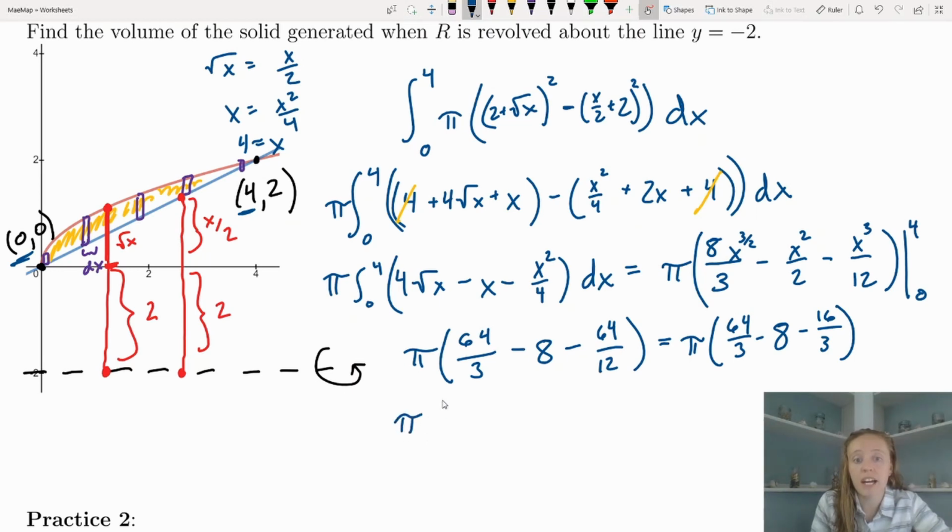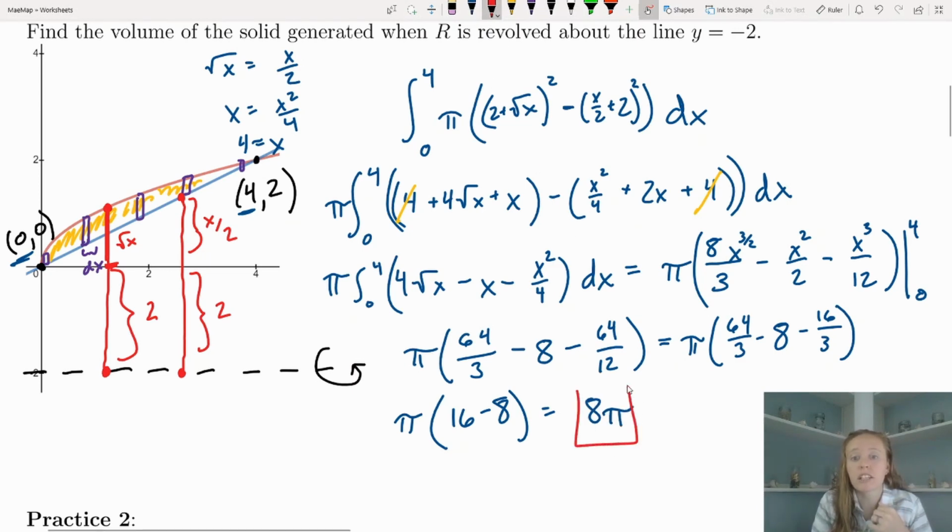So I'll have pi times 64 minus 16 is going to be 48. So that's 48/3, which 48 divided by 3 is 16. So I'm going to have 16 minus that whole number 8. That's going to give me 8 pi as the volume once this region is revolved around the line y equals -2.